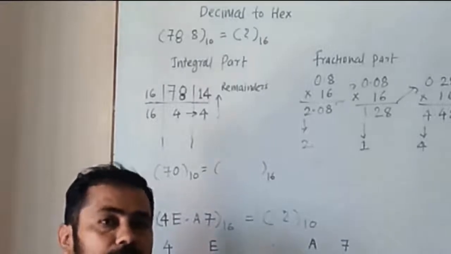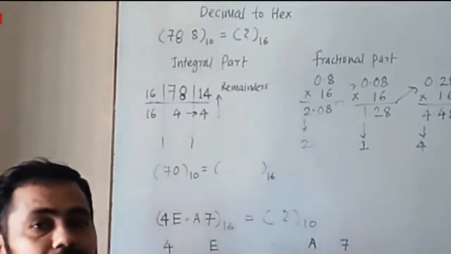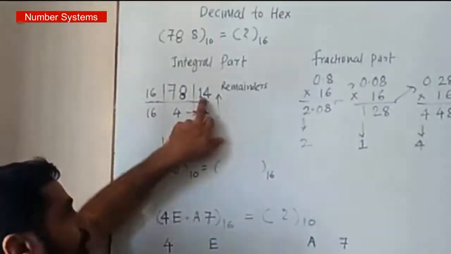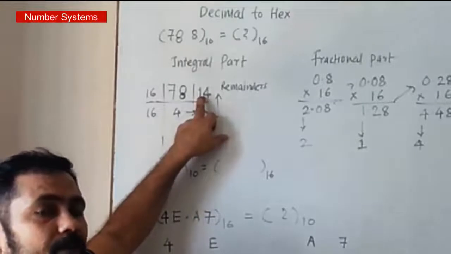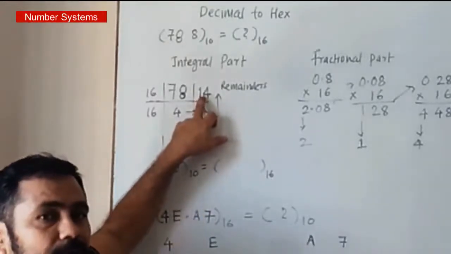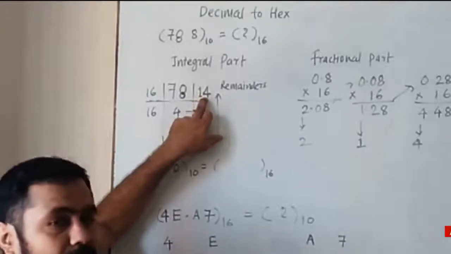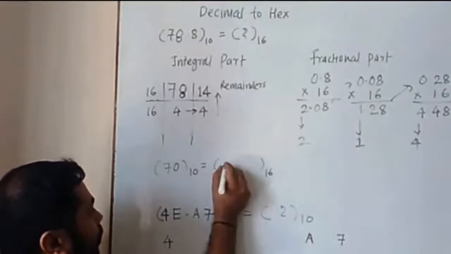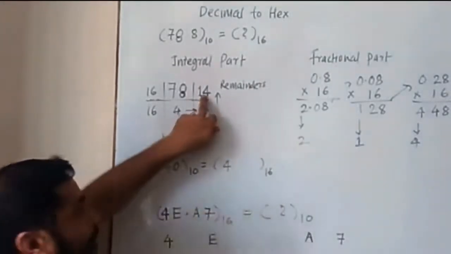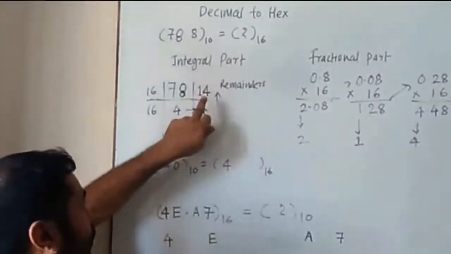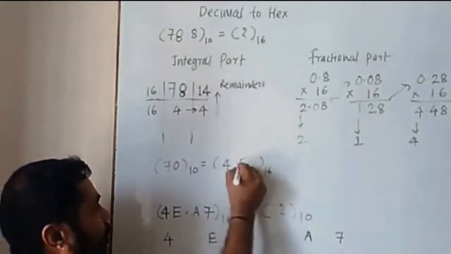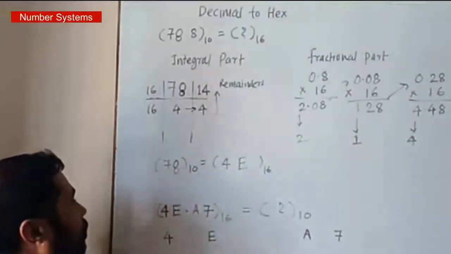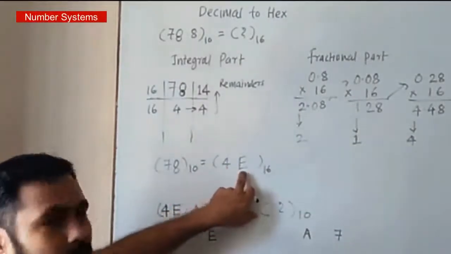After 9, that is 10 to 15, they are represented by the alphabets A to F. So if the last number is 15, its equivalent is F, and 14's equivalent in hexadecimal will be E. So I will write here 4 first, and the hexadecimal symbol for 14 will be E. So 78 in hexadecimal will be 4E.